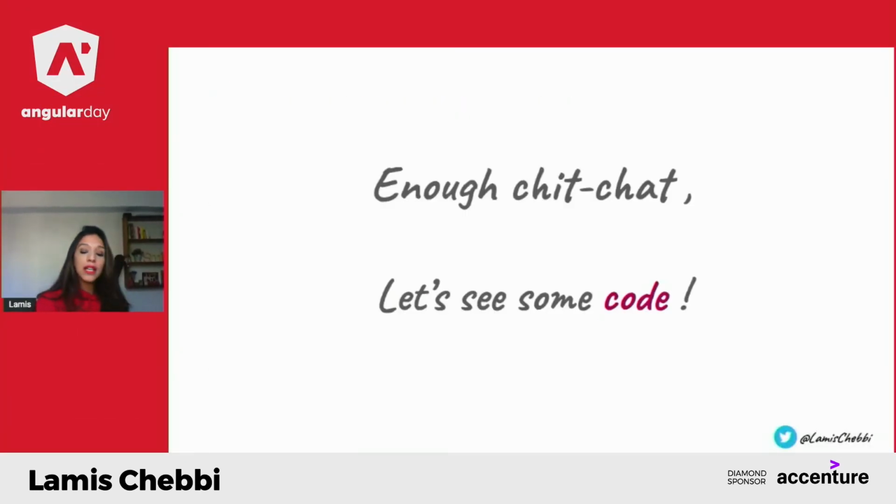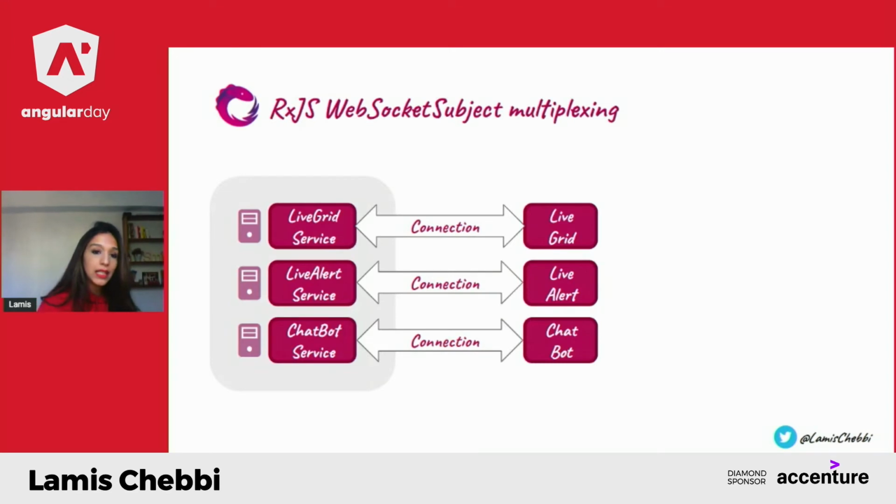Now let's move to another advanced feature, which is the multiplexing. In a real-time application, you may have many services, many real-time components related to many services, and having different endpoints may be deployed in different domains and different servers.